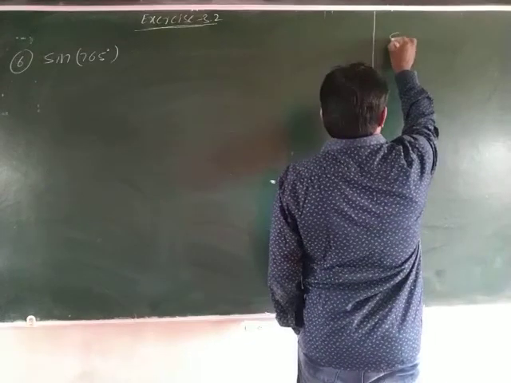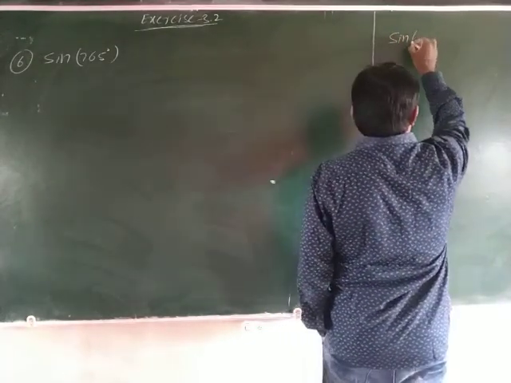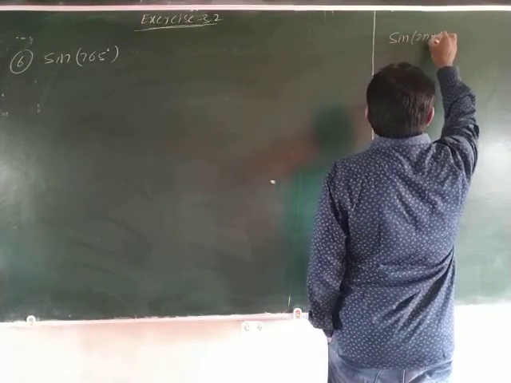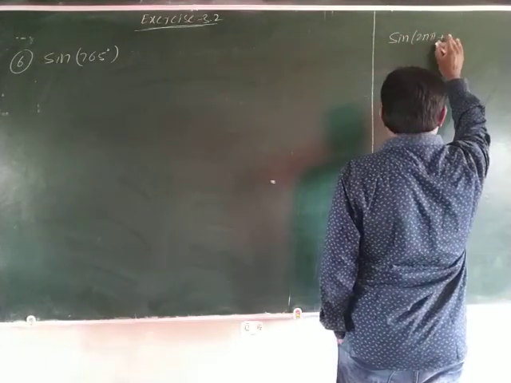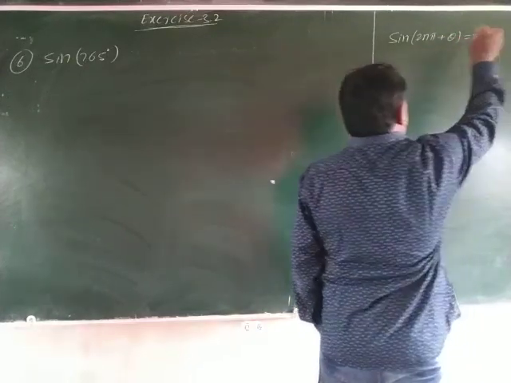We expect this for any trigonometric function. Sine of 2n pi plus theta is equal to sine theta only.